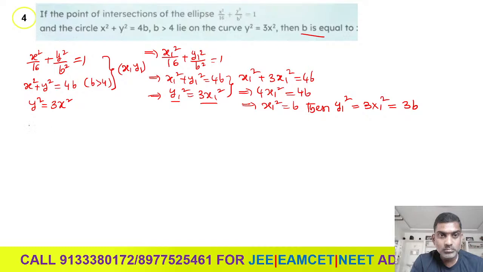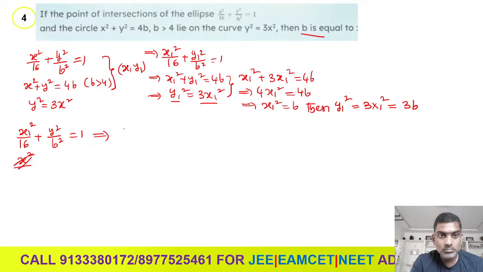And let us try to substitute these values into the equation x1 square divided by 16 plus y1 square divided by b square equal to 1. Let us substitute the x1 square value here.